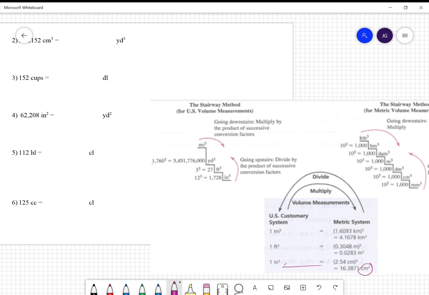That will convert me to cubic inches, and then I'll have to go to the table. So I'm going to take my value, and I'm going from metric to US, so I'm going to divide by 16.3871. Oh my goodness.